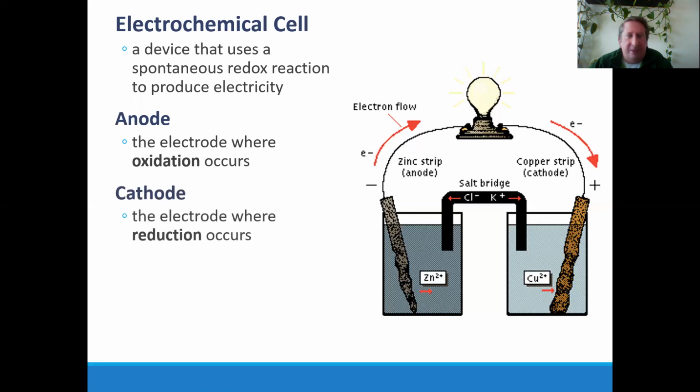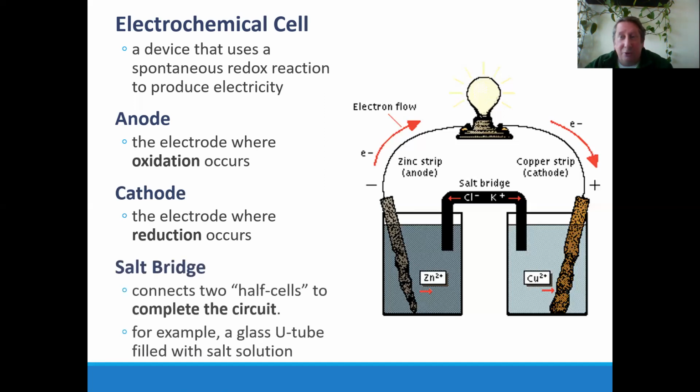The cathode is the metal strip, the electrode, where reduction occurs. So remember that. Oxidation occurs at the anode and reduction occurs at the cathode. So in this reaction, copper 2+ ions get reduced at the copper metal strip. Zinc atoms in the zinc metal strip get oxidized. So zinc is our anode, copper is the cathode.